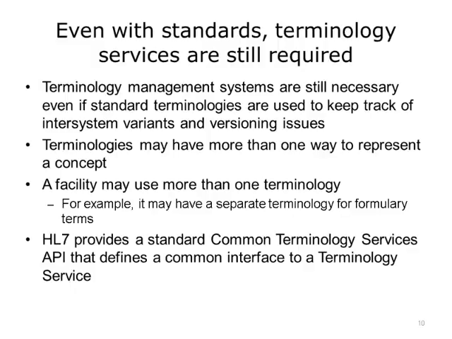HL7 provides a standard Common Terminology Services API that is often used when communicating between terminology management systems and applications needing terminology mappings. The HL7 API is called Common Terminology Services, or CTS. When selecting a terminology management system vendor, ask if they use a standard API such as HL7 CTS to minimize site-specific rework.